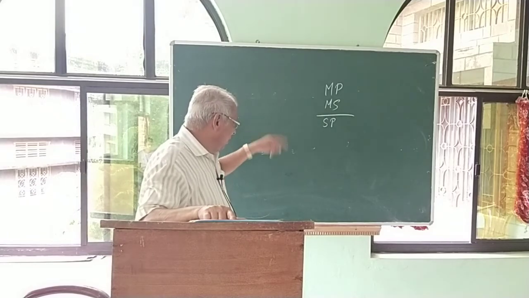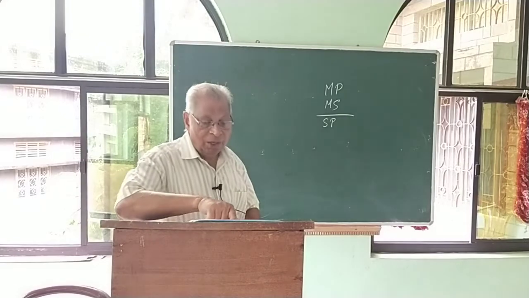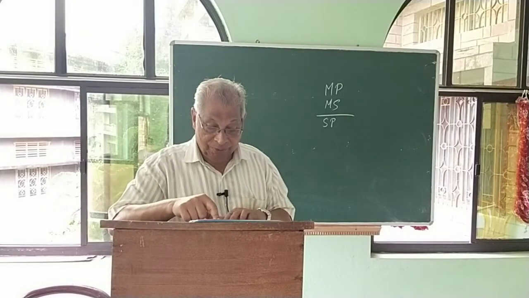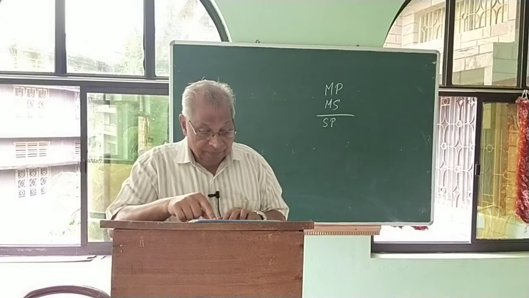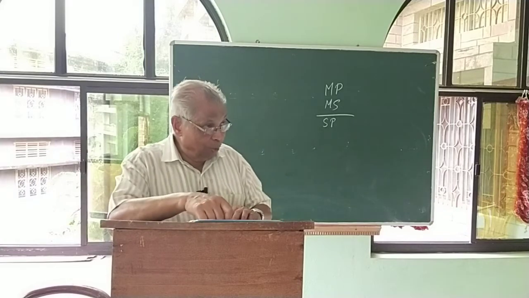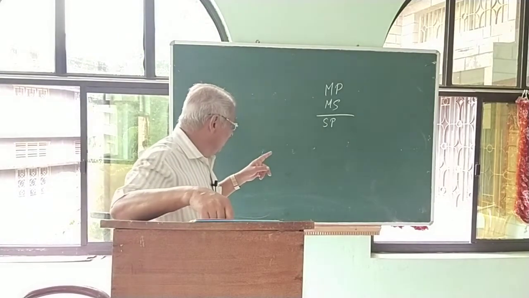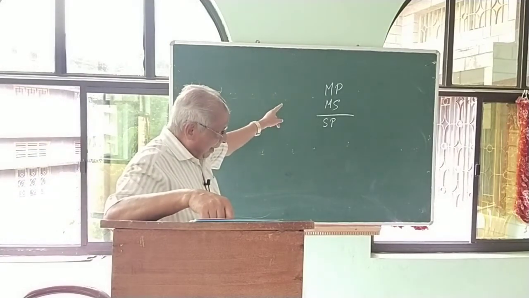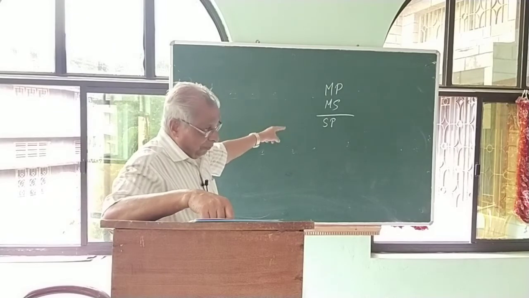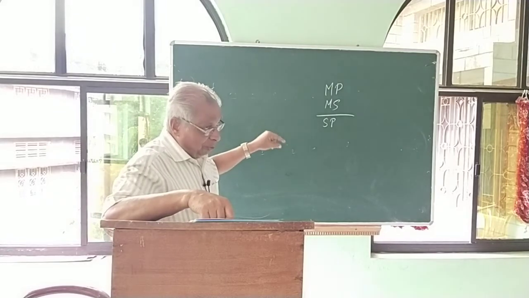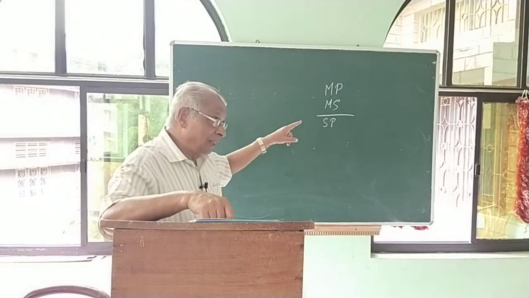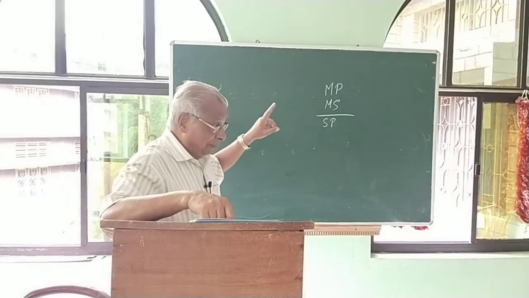If the conclusion is negative, then the P in the conclusion will be universal. And if the P in the conclusion is universal, the P in the major premise also has to be universal, because no term in the conclusion can be more extensive than in the premises.